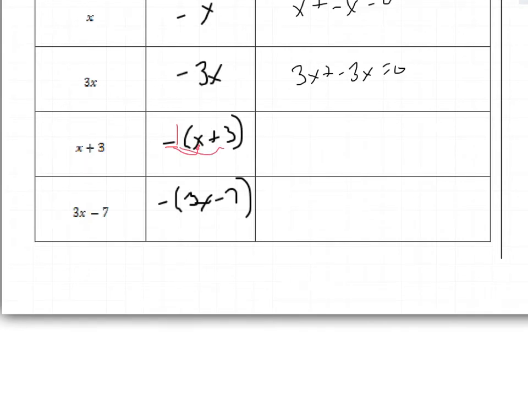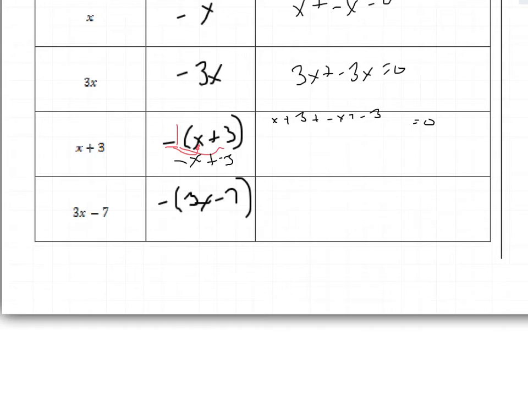That's really thinking about this being a -x plus a -3. The reason we know that would be opposite is because we want it to equal 0. So our proof is x plus 3 plus this -x plus -3.